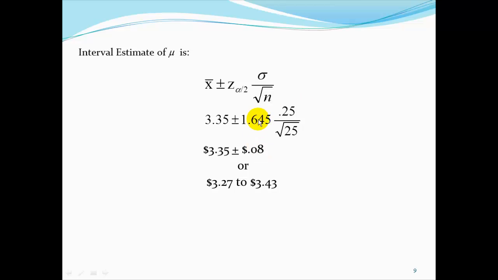So working this section out, you should get 0.08. 3.27 to 3.43 is our interval. We obtain 3.27 by saying 3.35 minus 0.08, and we obtain 3.43 by computing 3.35 plus 0.08.